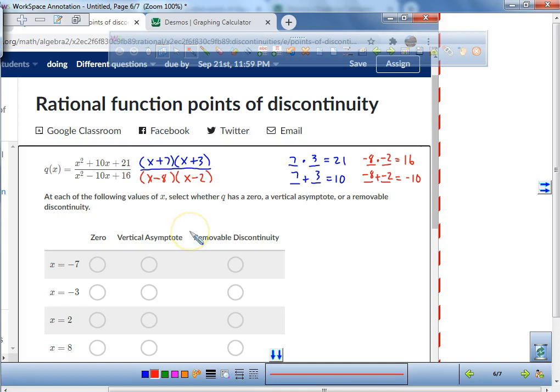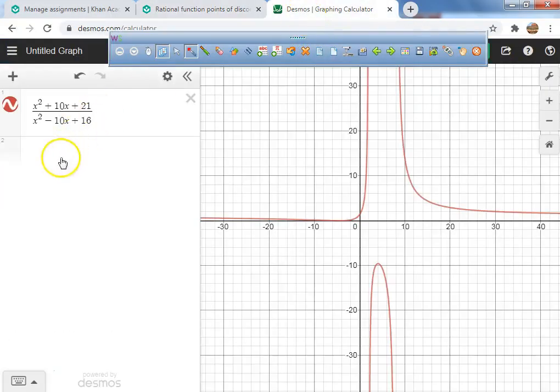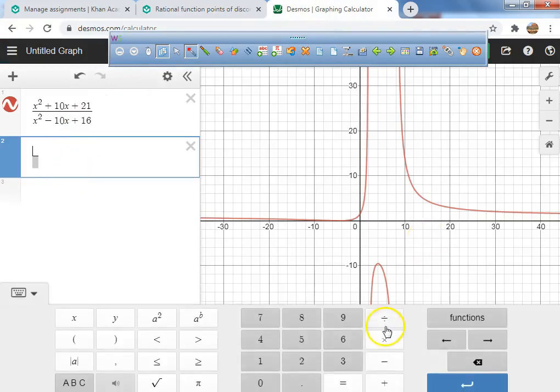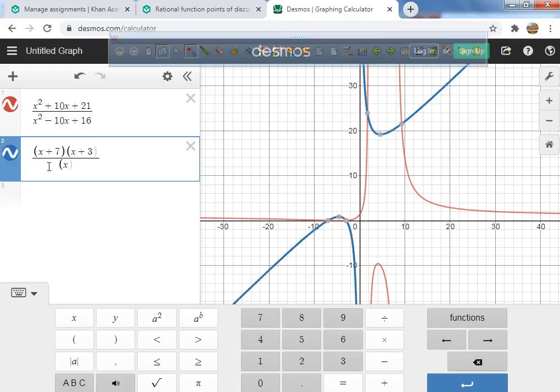Now if you want to check to see if you factored everything correctly, what you could do is go to Desmos real quick. I'm going to make another one. I'll put the divided by. And I'll go ahead and just type them in, right? x plus 7, x plus 3, and then x minus 8 and x minus 2.